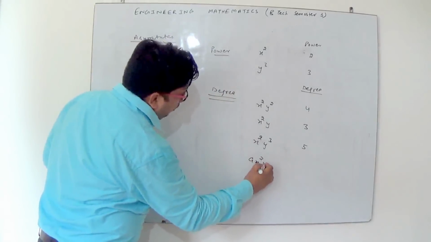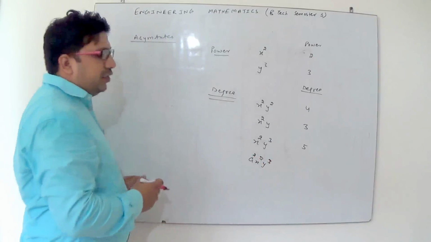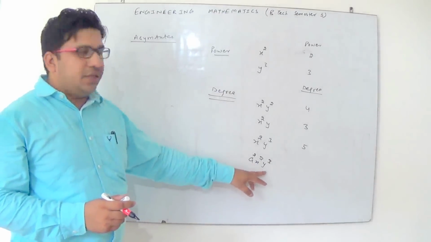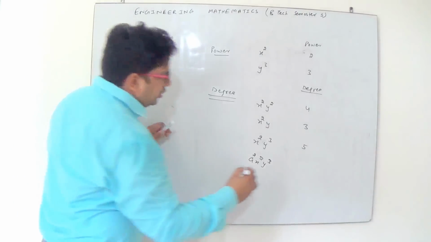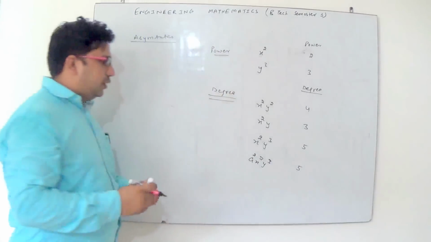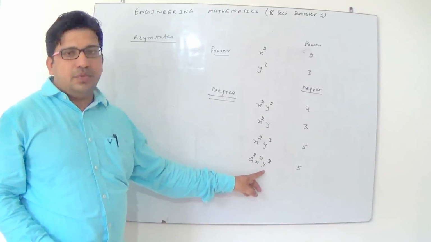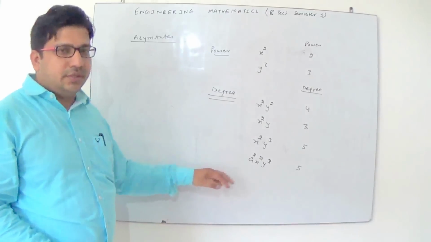And what about a square x square y cube? Let's suppose a square x square y cube. Okay, 2, 2 and 3, it must be 7. No, it is not 7, it is 5. Because in degree, only the powers of variables contribute, not the powers of constants.